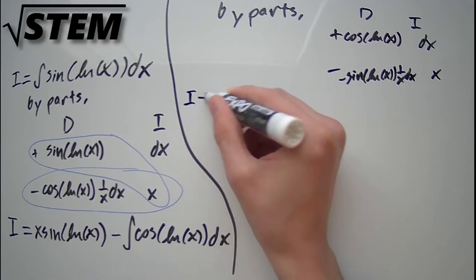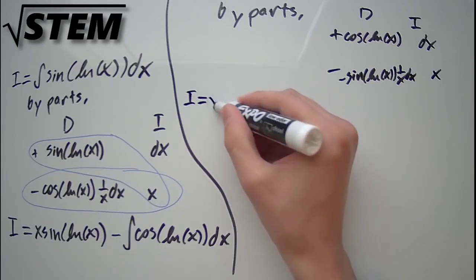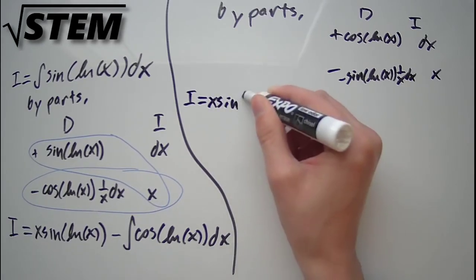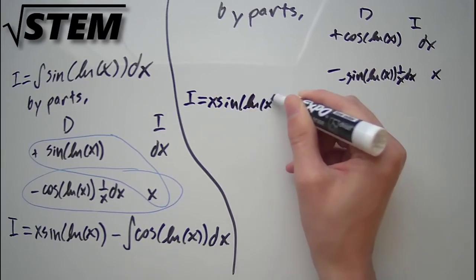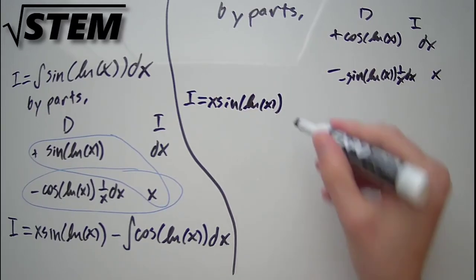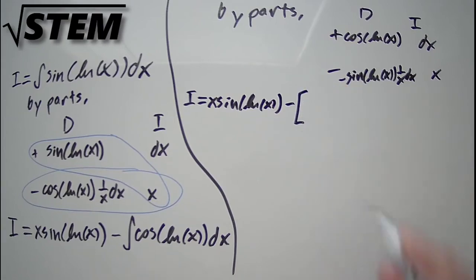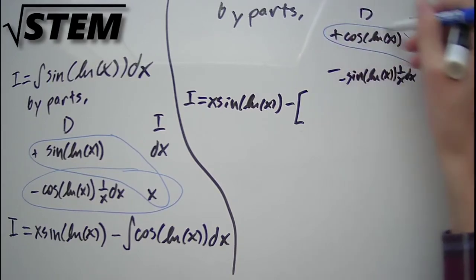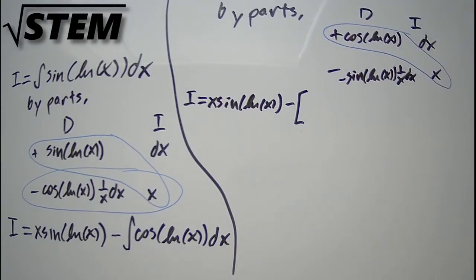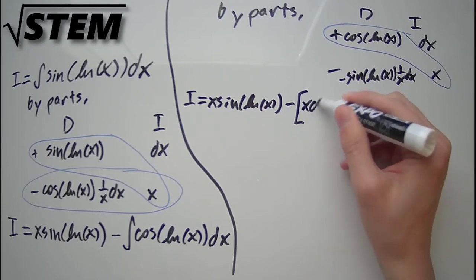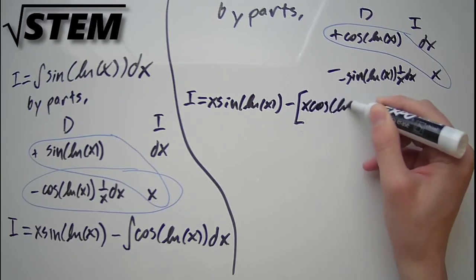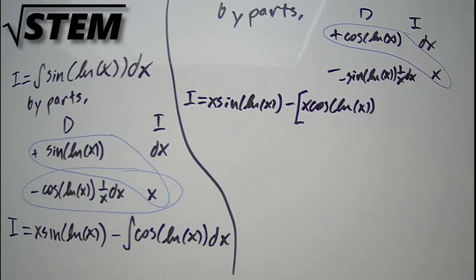So now our integral will be equal to this x sine of natural log of x is still in front, minus, since we've used by parts on this, everything is going to be inside of these big brackets. We take these two pieces and multiply them with a positive sign, x cosine of the natural log of x.